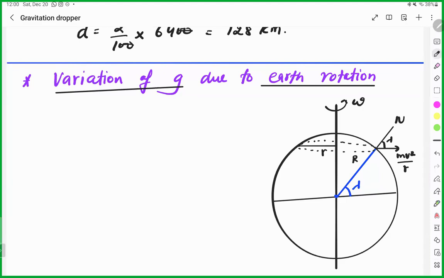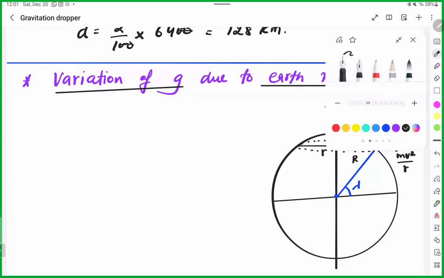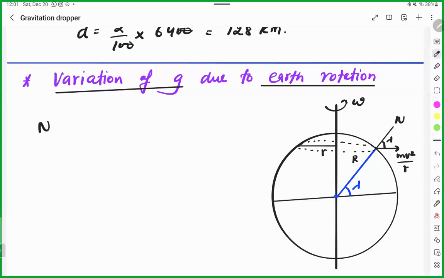So if you don't have any doubt, can you say the normal acting in the outward direction will be equal to the inward direction, mg minus mv square by r, if you take the complete Earth at some angle, cos square. Understood? Because this side will be cos theta and the other side will be sin theta, this will be cos lambda. Because you take the square form, that's why this.